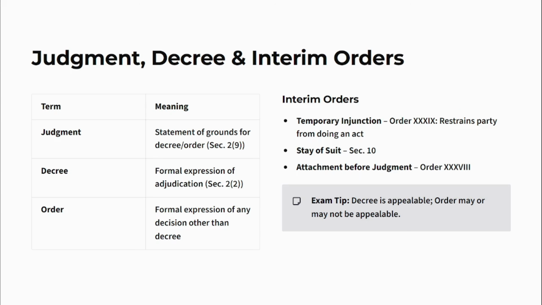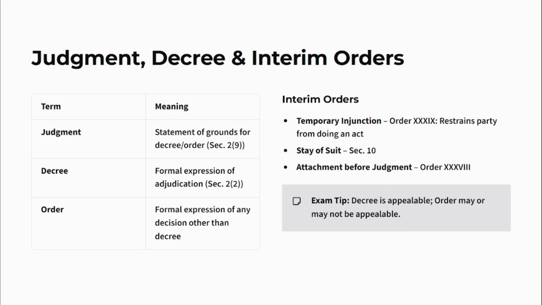Interim orders, that is temporary orders given while the case is still going on. Temporary injunction order, which stops the party from doing something. Stay of suit, that is section 10, pausing the case, already explained above.